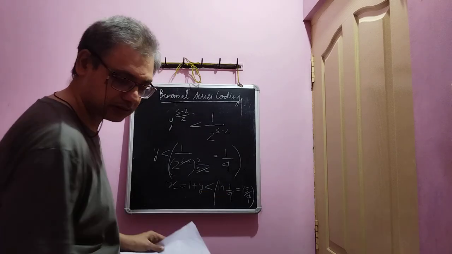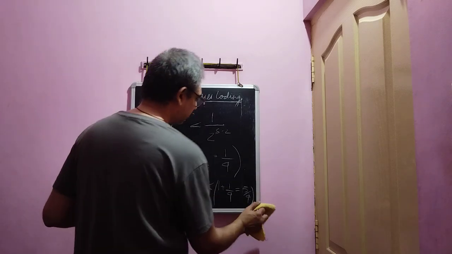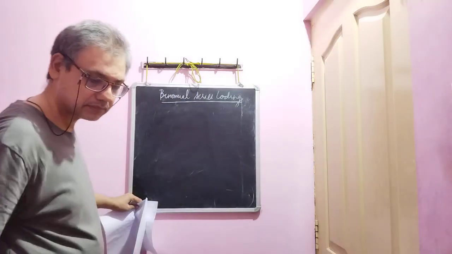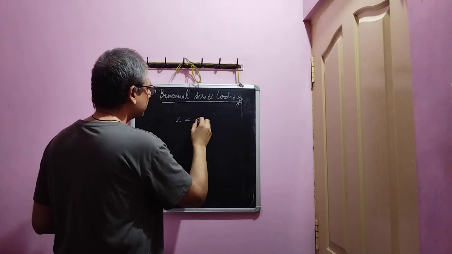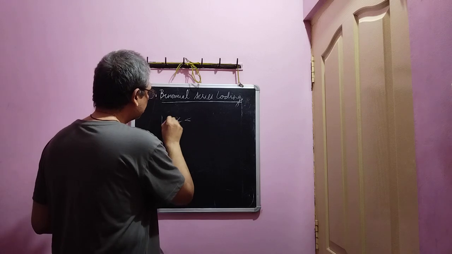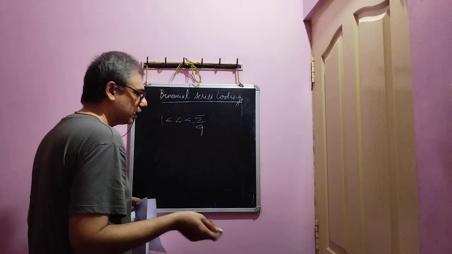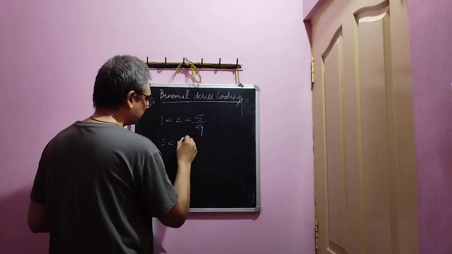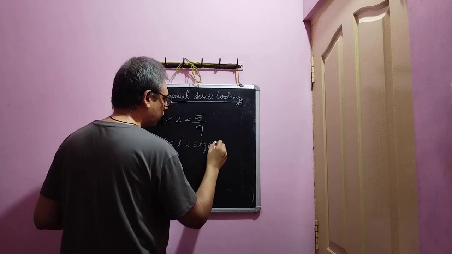So we have a better and a stricter bound for x, which is 1 less than x less than 5 by 4, and L dash itself will be such that s less than L dash less than s log 3.